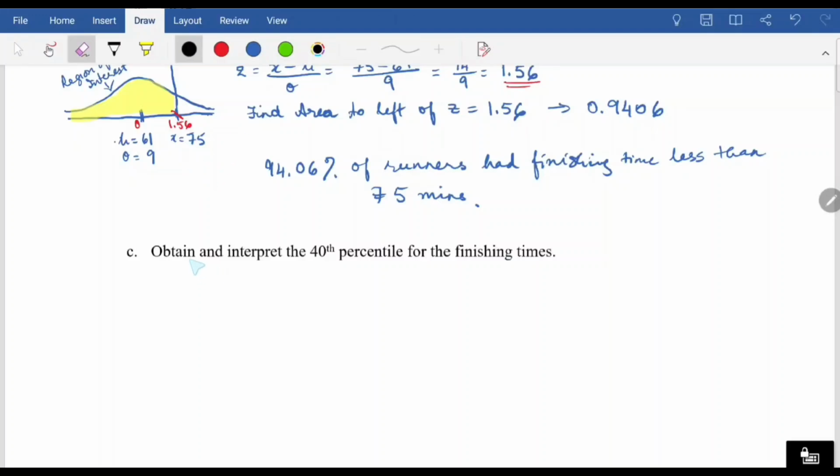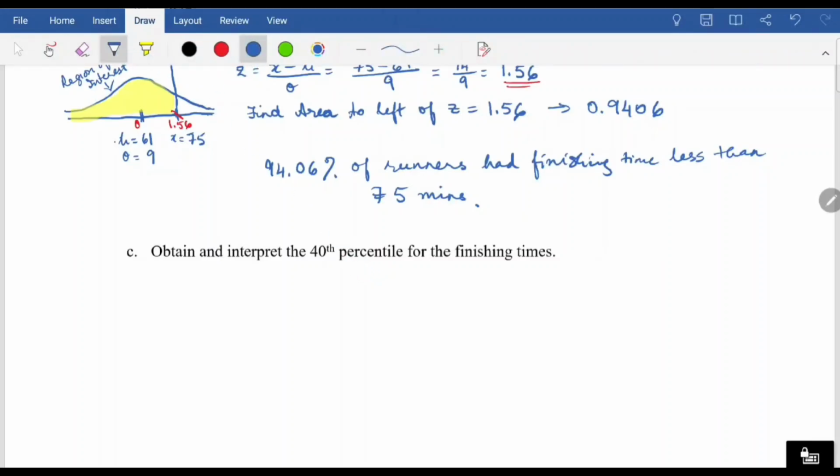For this question, they have given us the percentage, and they are asking us to find the x value corresponding to that percentage. Now, they've used the word percentile here.